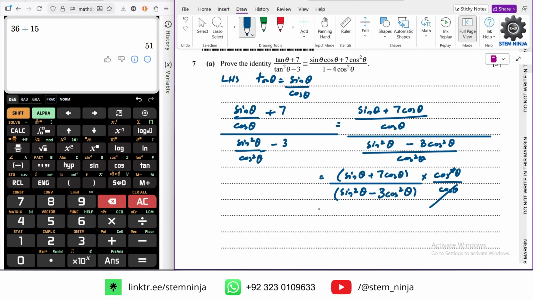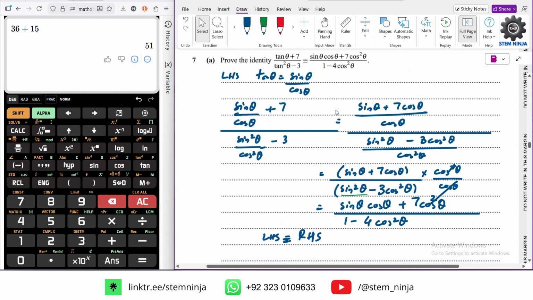On the numerator, this would become sin theta cos theta plus 7 cos squared theta, divided by sin squared theta minus 3 cos squared theta, which is equal to 1 minus 4 cos squared theta. Okay, so this is hence shown that left hand side is identical to right hand side.